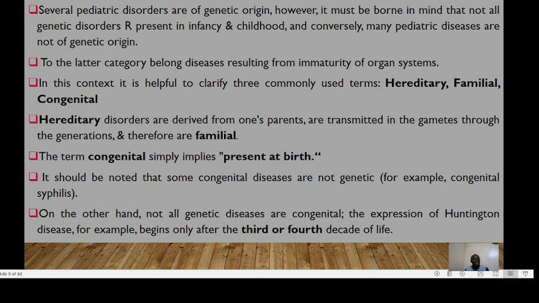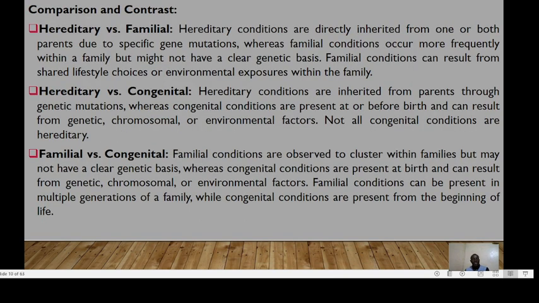The term congenital simply implies present at birth. It should be noted that some congenital diseases are not genetic, for example, congenital syphilis. On the other hand, not all genetic diseases are congenital, like Huntington disease, which begins only after the third or fourth decade of life. So that should be the difference.